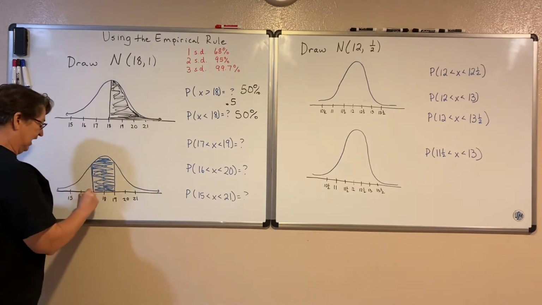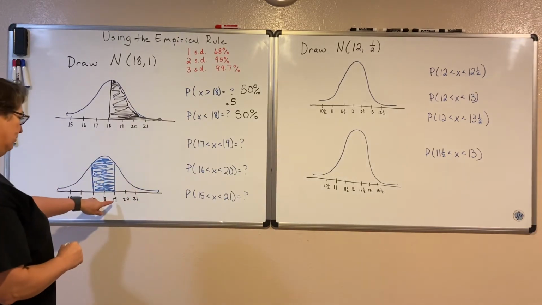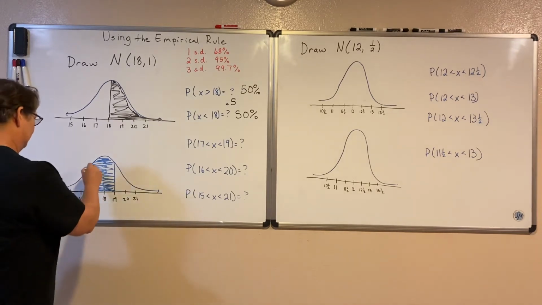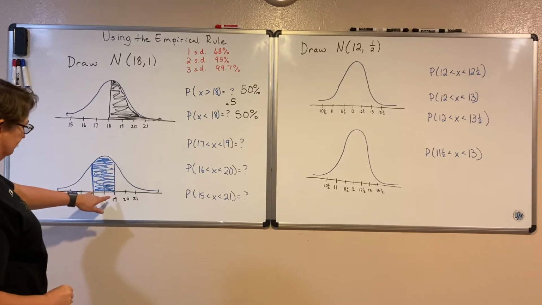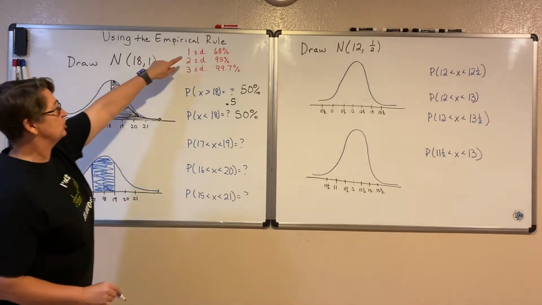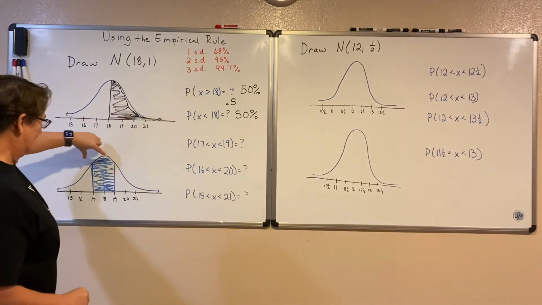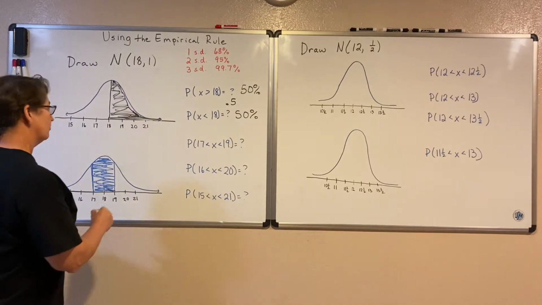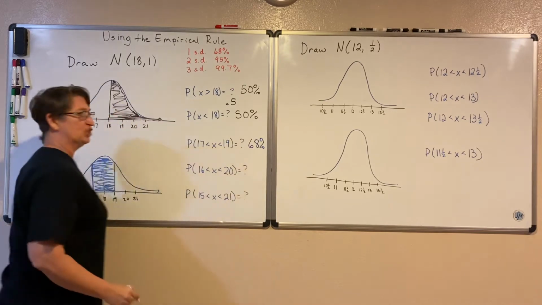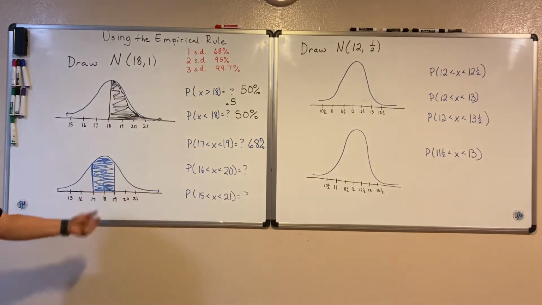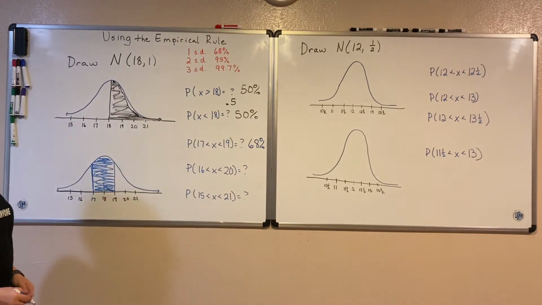My picture's not all that great, but you get the idea. So 1 standard deviation is 68% of my curve. This is a 68% chance, or 68% of my data falls within that range.